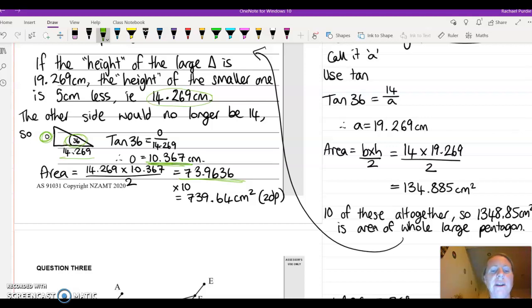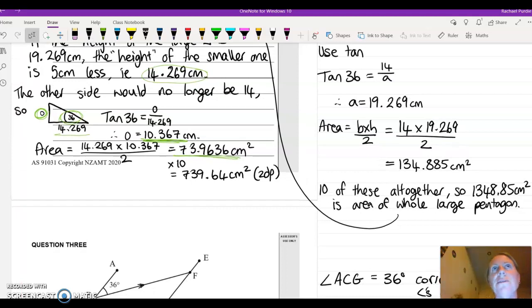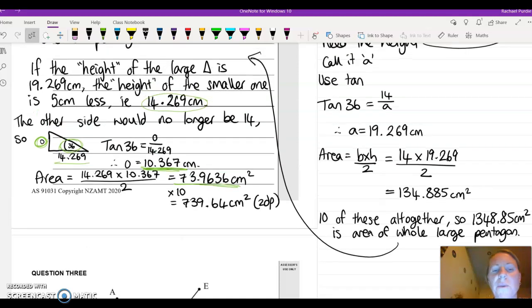Base times height divided by 2, and you get 73.9636 centimeters squared. Because there's 10 of those little triangles, I then multiplied it by 10. You'll get somewhere in the margin of 738 to 742, 743 centimeters squared, because the answers have been rounded a little bit differently earlier.